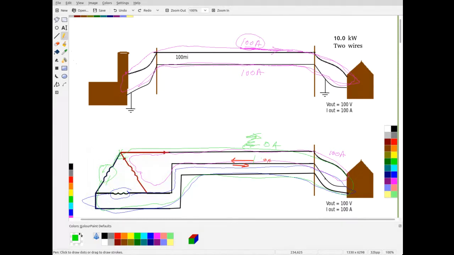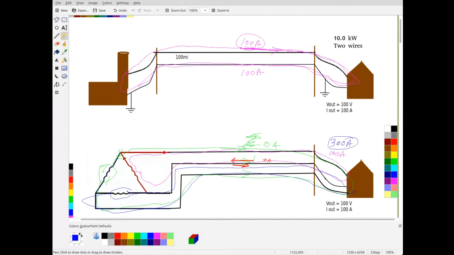But what happens though is with these three wires, let's just say I was sending 100 amps through each one of these. So over here, instead of having 100 amps, I actually have 300 amps.